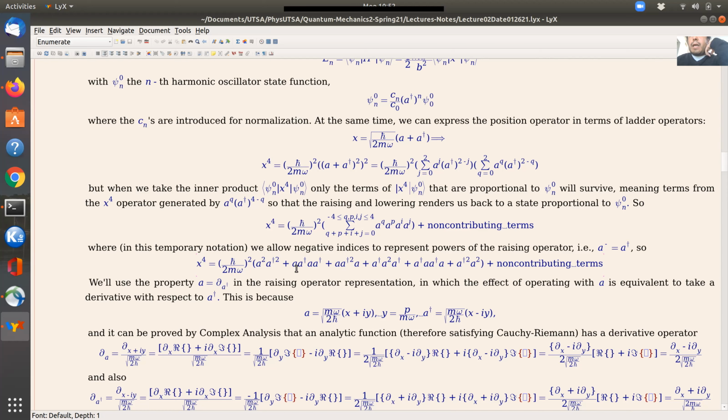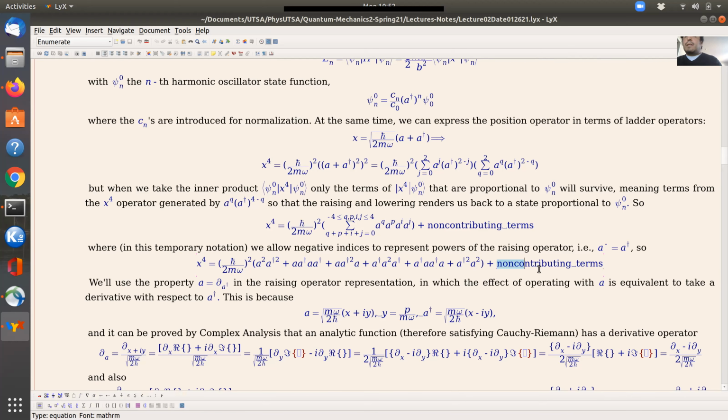So you have A dagger, A dagger, A dagger squared, A dagger, A squared, A dagger, and so on. All the others, where there is more A dagger than A or more A than A dagger, will raise the state to a different level. And when you take inner product, this will be zero.